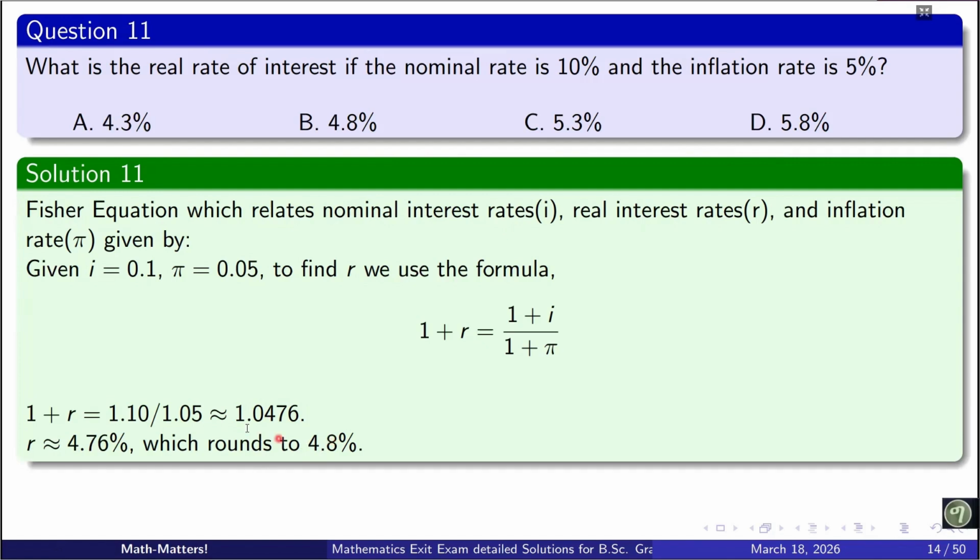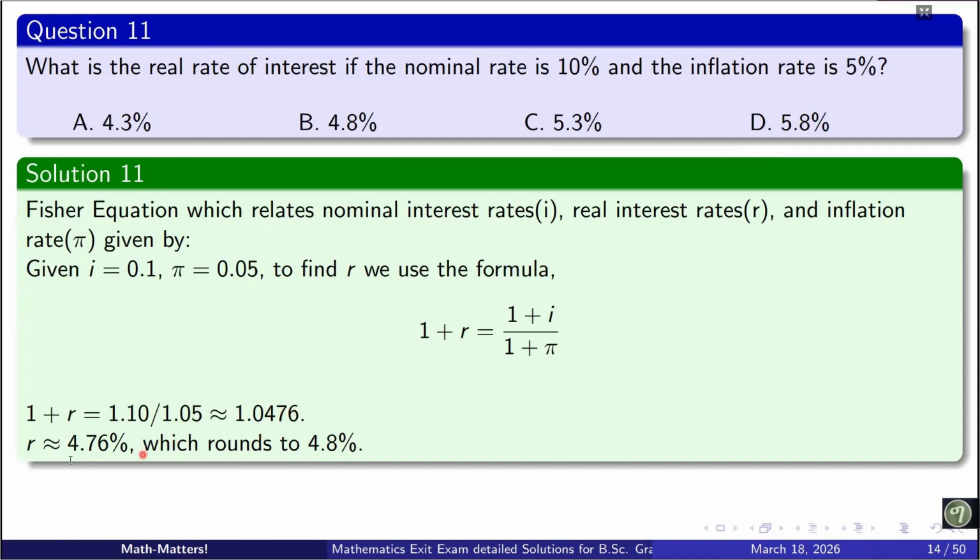So 1.0476 is identical with 1 plus r. In order to find the value of r here, we have to subtract 1 from this.